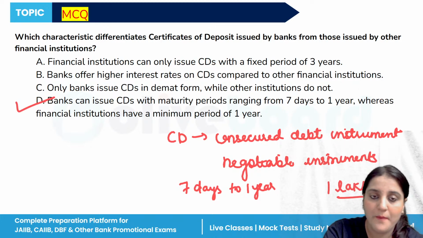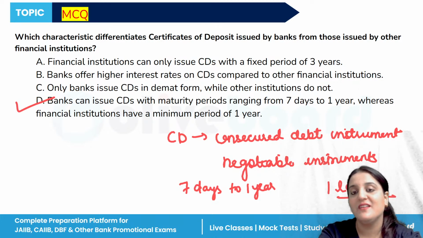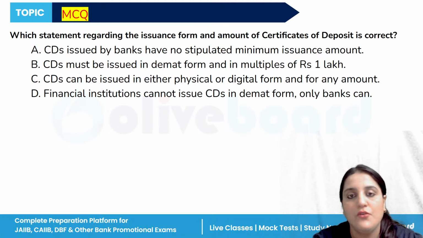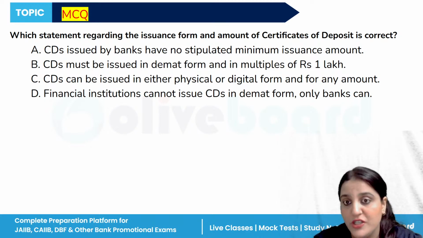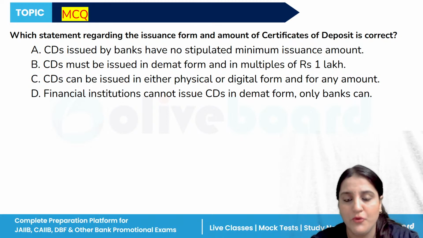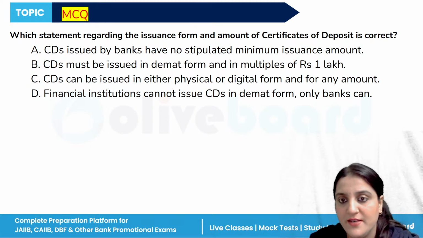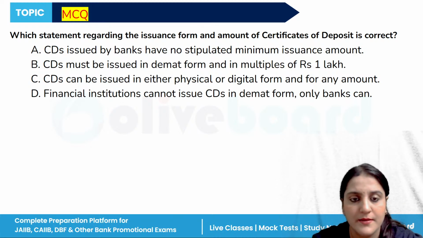So if we read the options, you will find that option D is correct. So which statement is correct? I told you recently which statement is correct regarding the issuing form and the amount of certificate of deposit. So now you can tell which option is correct.